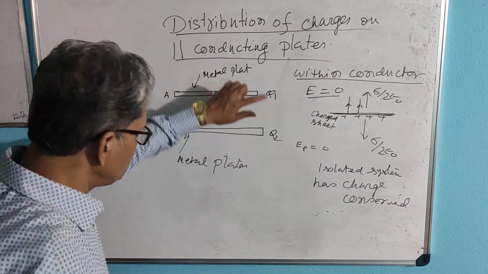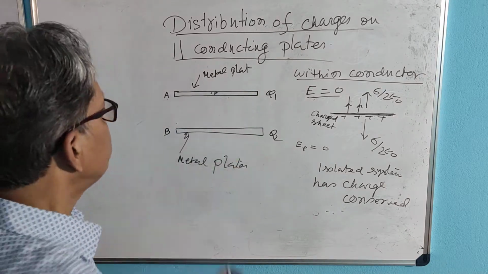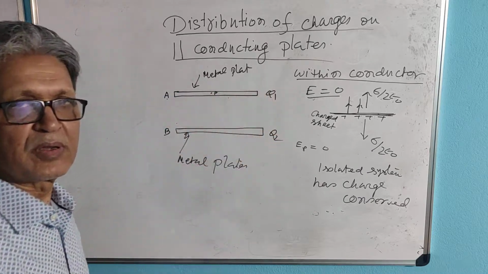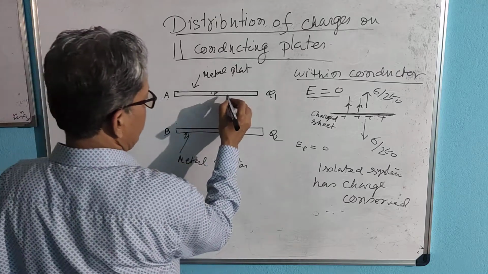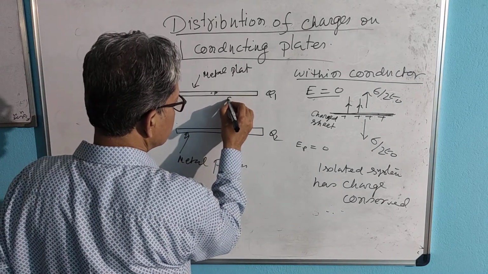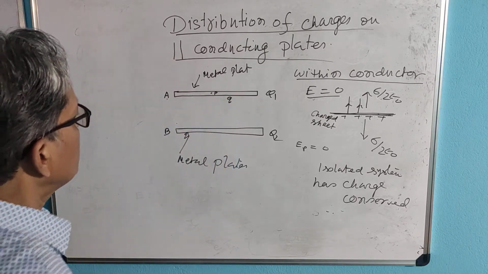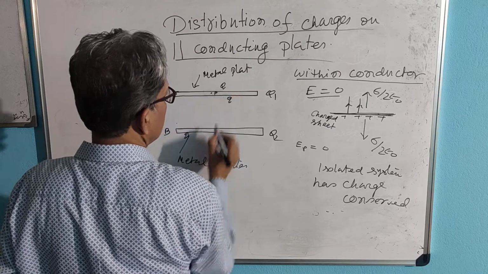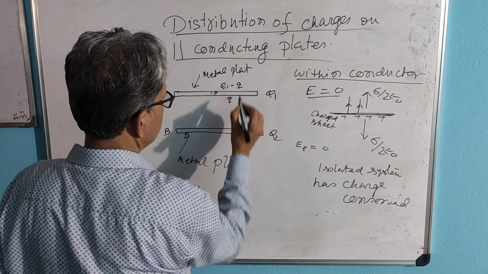If I take these 2 plates as a system, then Q1 plus Q2 will be constant. Let us consider the lower plate charge is Q. Then in the upper plate, what will be the charge? From conservation of charge, Q1 minus Q.